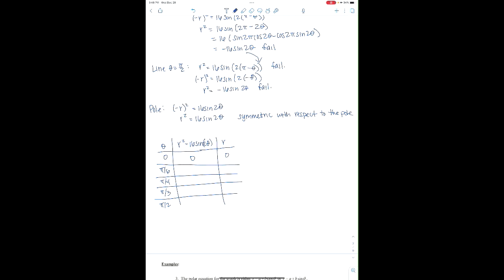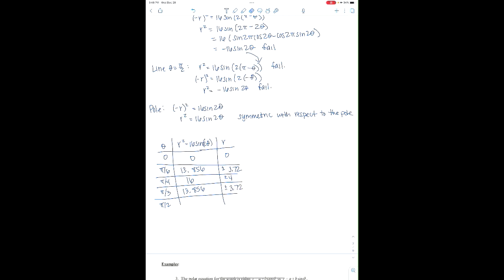At pi over 6, we have 13.856, and the square root will be plus and minus 3.72. At pi over 4, we'll have 16, which gives us plus or minus 4. At pi over 3, we get 13.856 again, plus or minus 3.72.